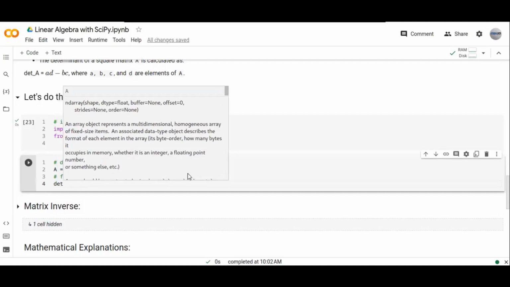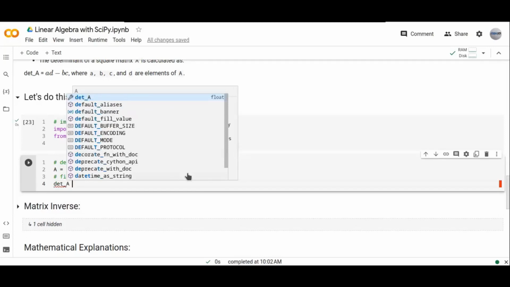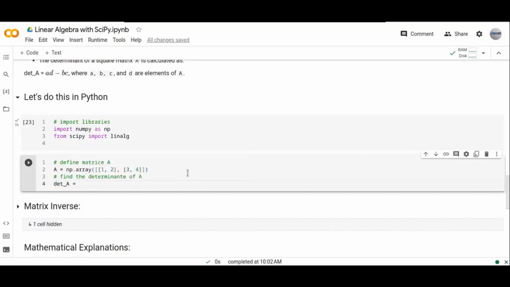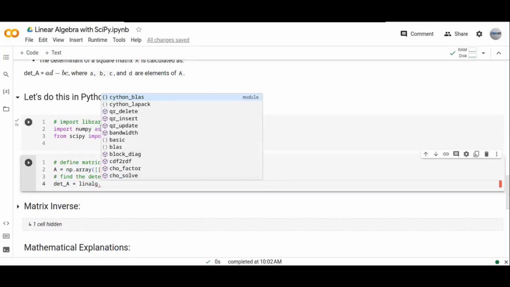So the determinant of A is... okay. We can use linalg, which is the SciPy function.